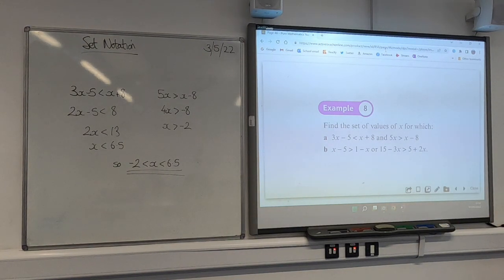One inequality gives us an upper limit, one gives us a lower limit, so our overall answer is a combination of both.